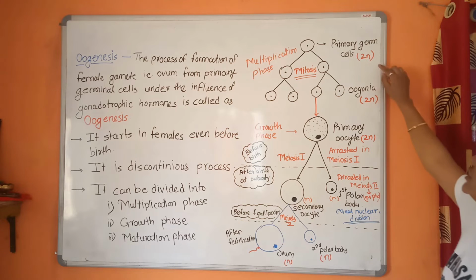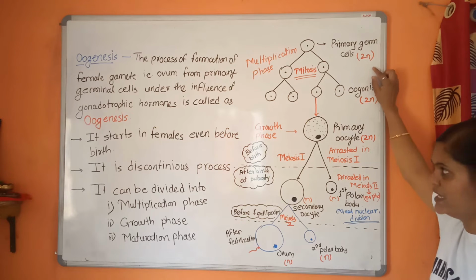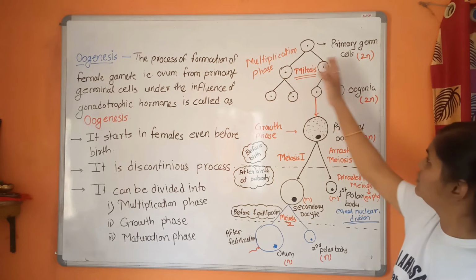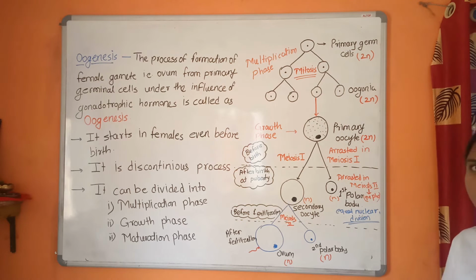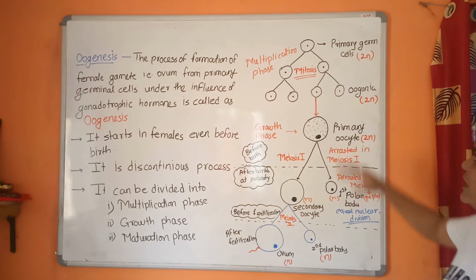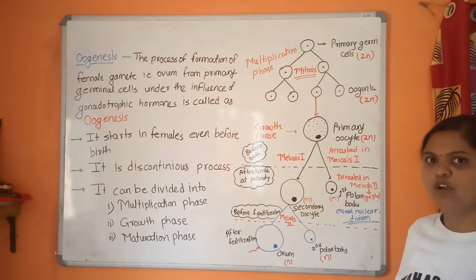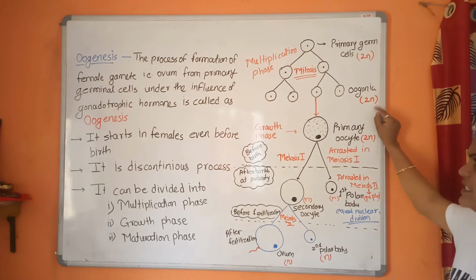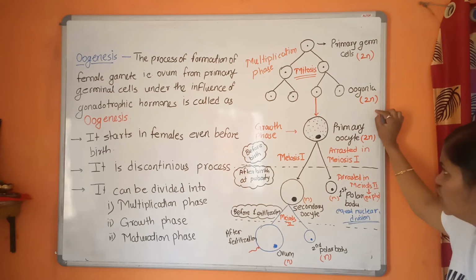These primary germ cells are produced in the female fetus from the endoderm layer of the yolk sac. Millions of copies of these germ cells are produced by mitosis. This produces oogonia, and these diploid cells are called oogonia.